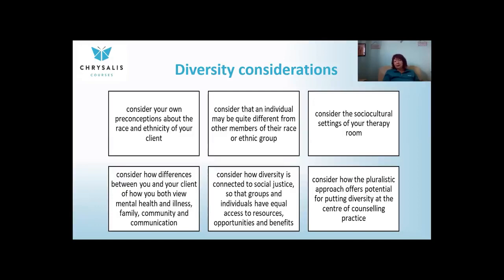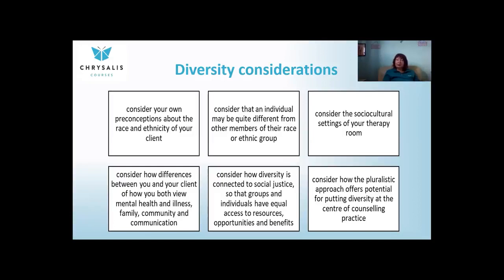But really, our pluralistic approach is really helpful with diversity, because we can incorporate different methods, different approaches, different tools, different techniques, depending on the client that we have in front of us. So therapists need to reflect on how diversity impacts the therapeutic relationship and the goal setting and the agreement of tasks and methods for therapy.